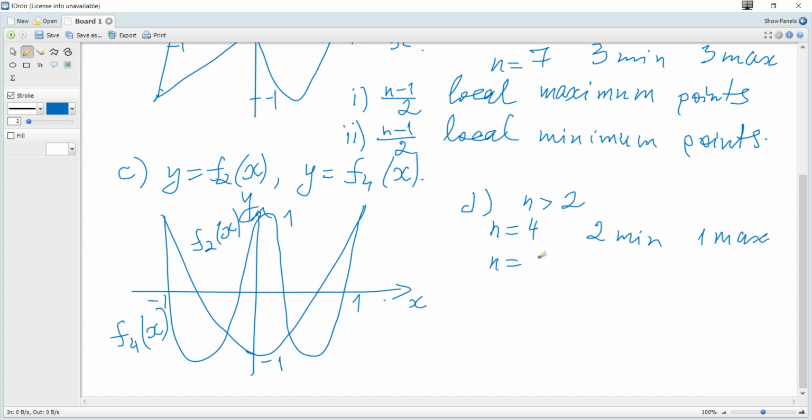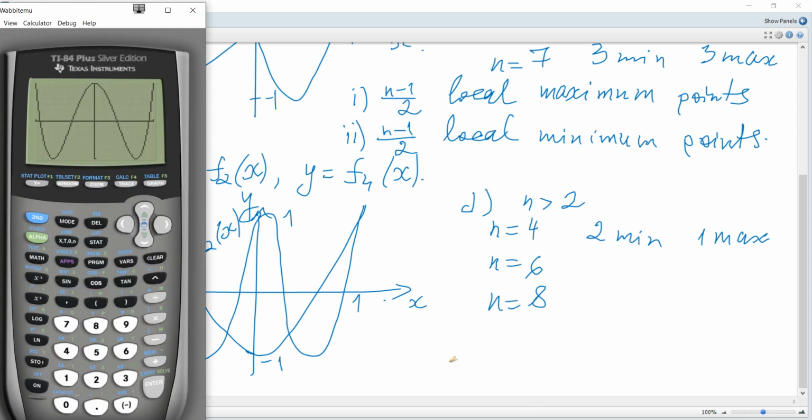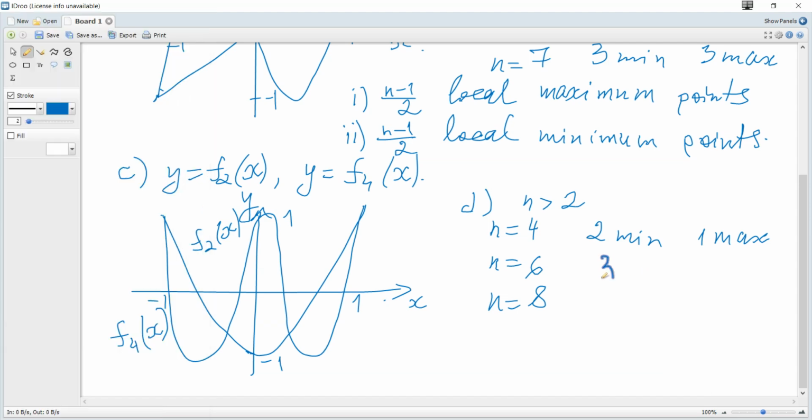Let's consider n equal to 6 and n equal to 8 to understand the pattern. So n is 6, it looks like this. And we can see 1, 2, 3 minimum and 2 maximum.